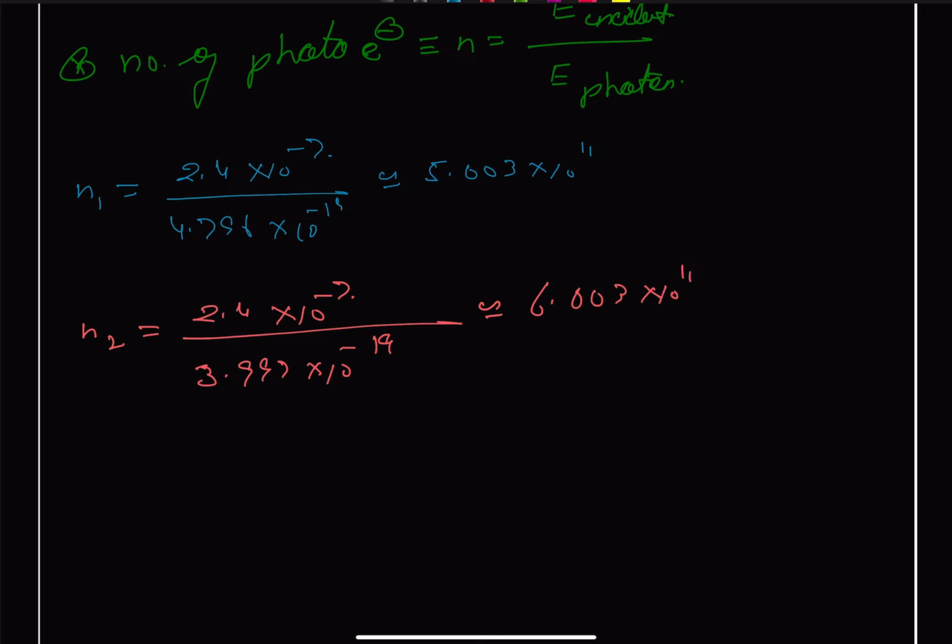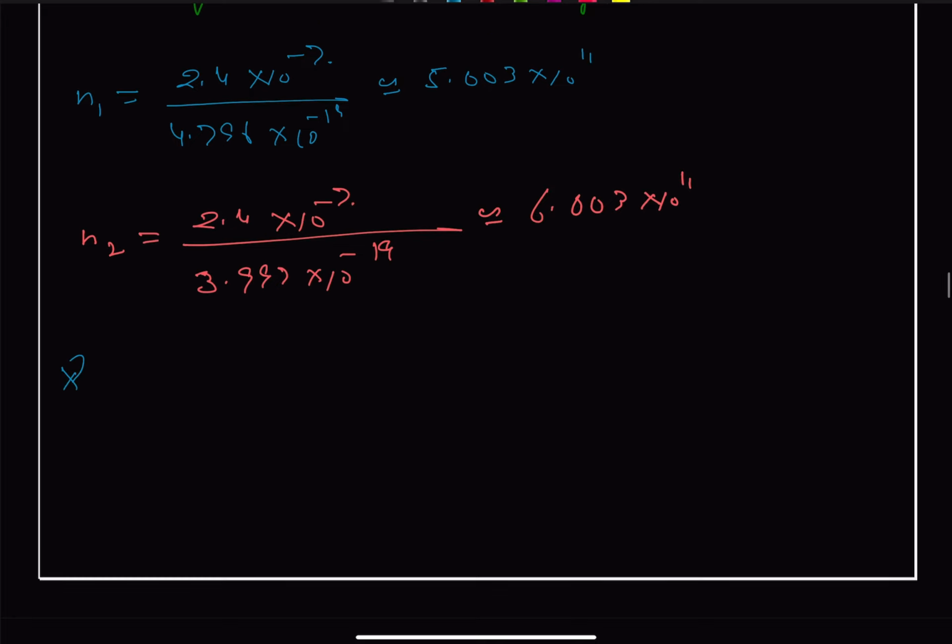So for the total, we can just add them. So we have total number of photons, or we can say photoelectrons.